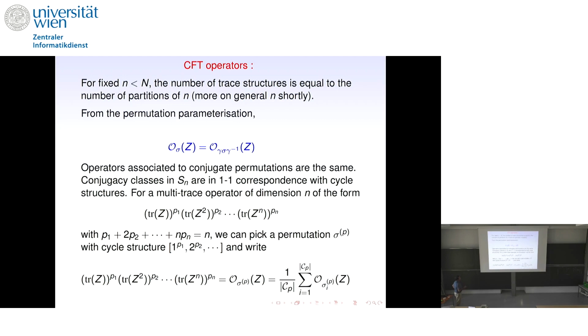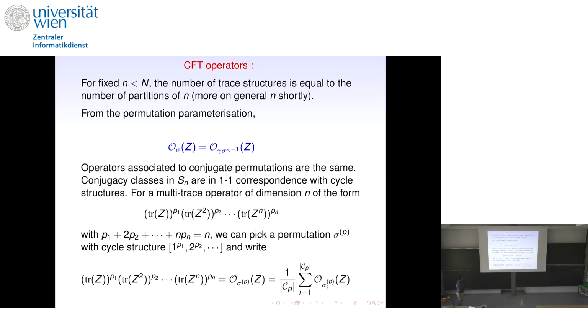So given any cycle structure of this kind, namely you specified how many one-cycles your permutation has, how many two-cycles it has, you get a corresponding operator with trace Z to some power, trace Z squared to some power, trace Z^n to some power, and so on, where this equation just tells you that the total number of Zs is n. So we're fixing attention on all the operators of a fixed dimension n. So once you have an operator of a fixed dimension n, this multi-trace, you can also write it as, again, a trivial thing from the remark before, pick any permutation, sigma upper p, of that cycle structure, and use that to build this contracted operator.